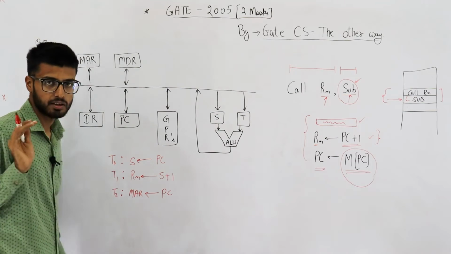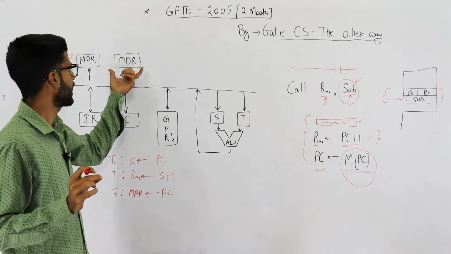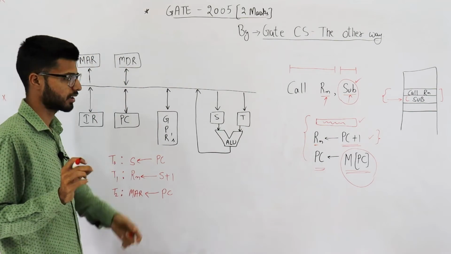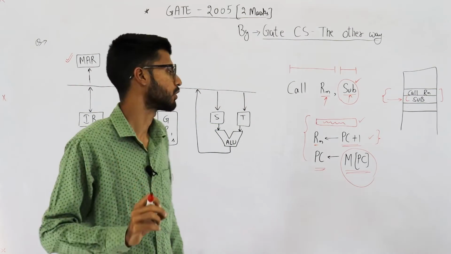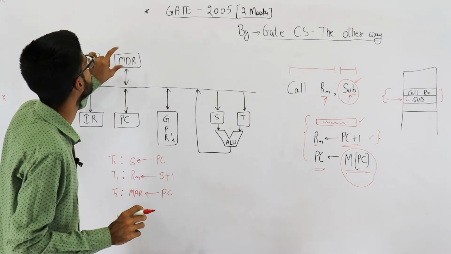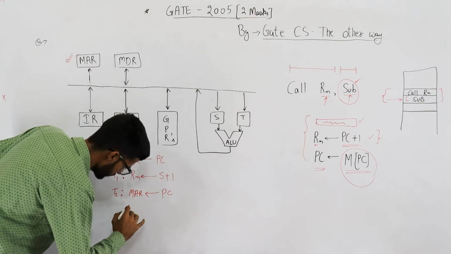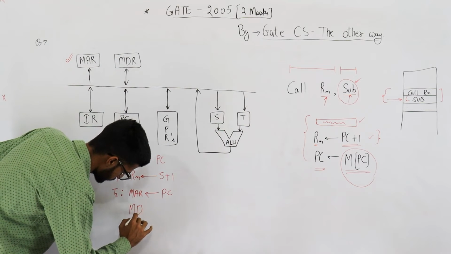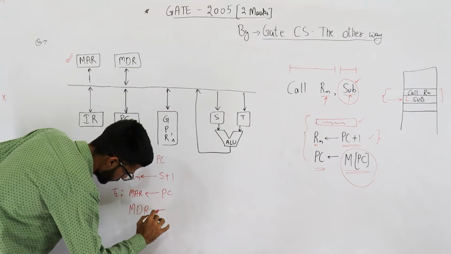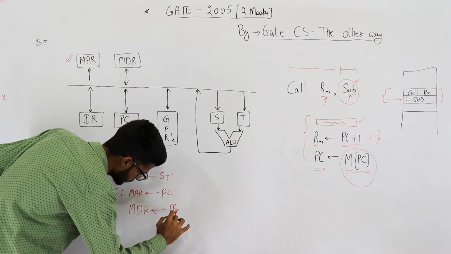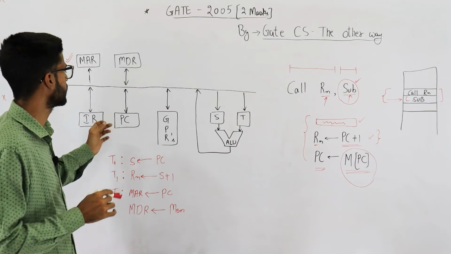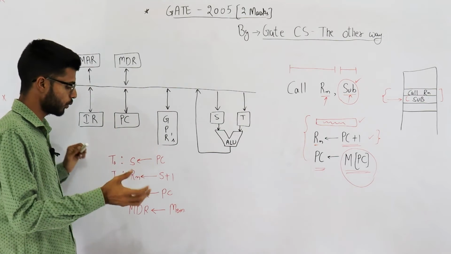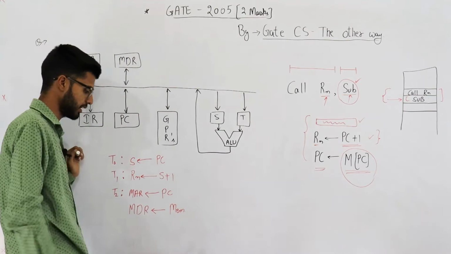Mind it, whenever the MDR and MAR registers are given in the question, whatever value we read from memory is always brought into the register MDR. That means memory supplies a value from the address pointed to by PC, which gets saved into the memory data register.